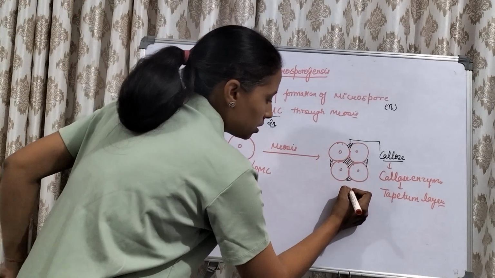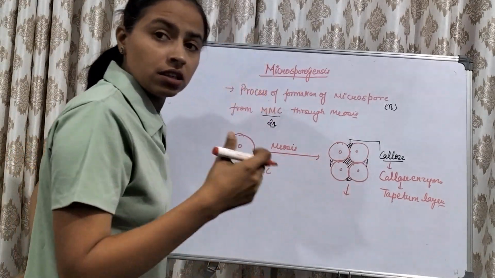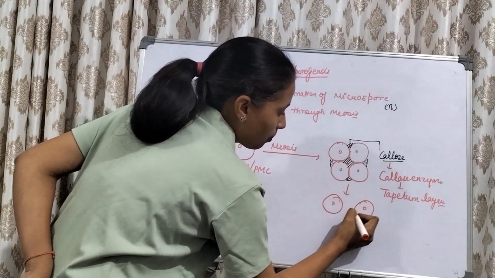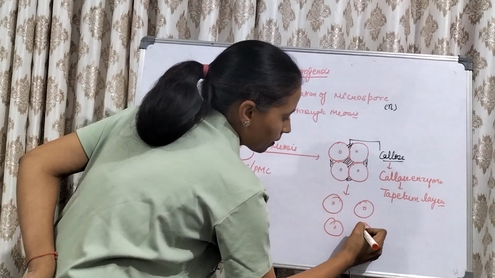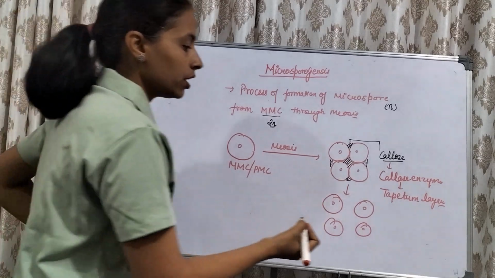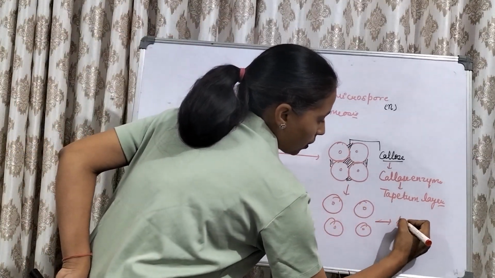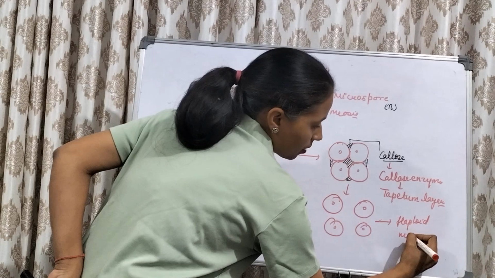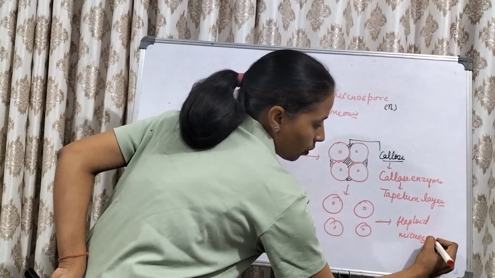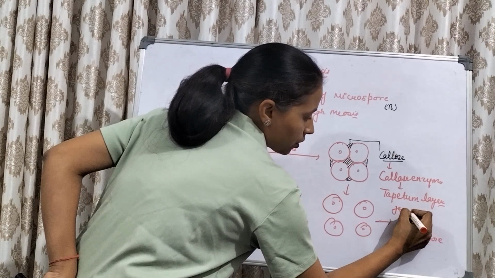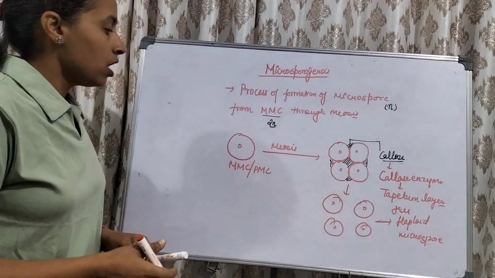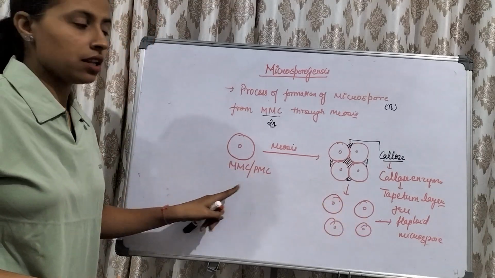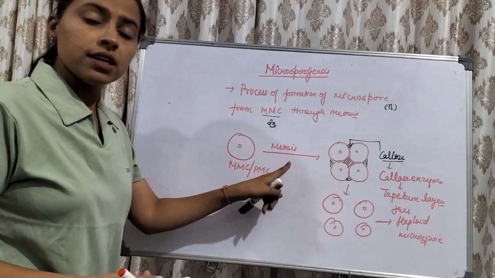By this, when the anther dehiscence occurs, we get free haploid microspores.